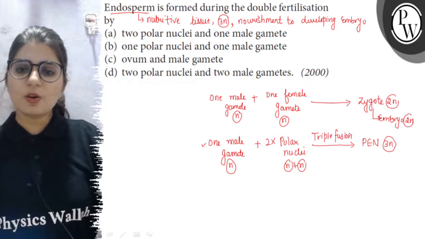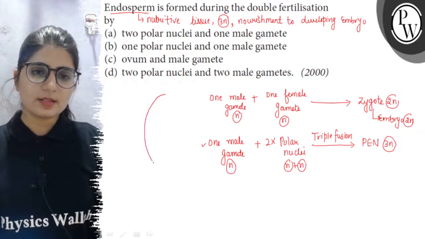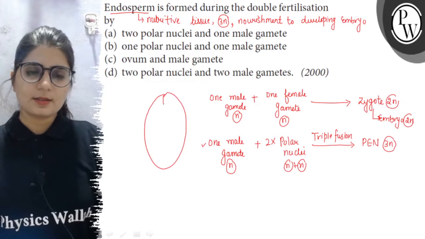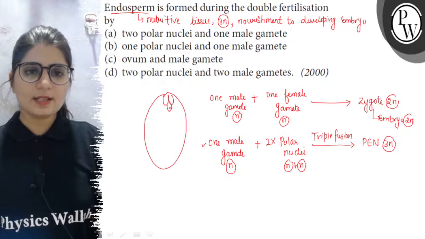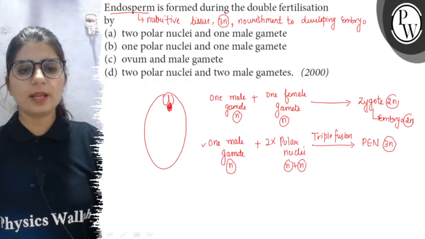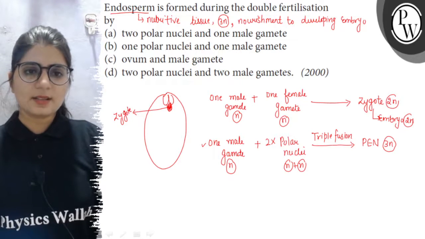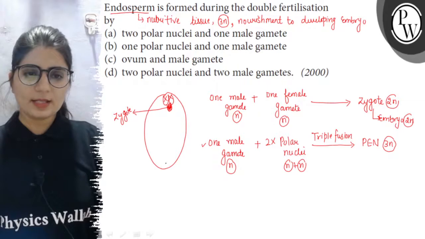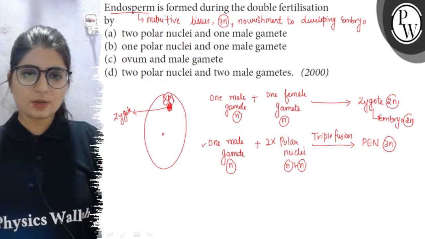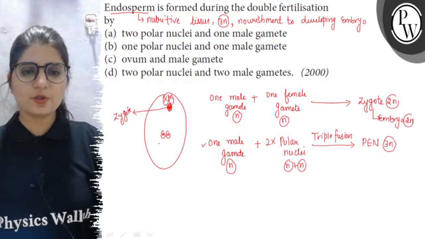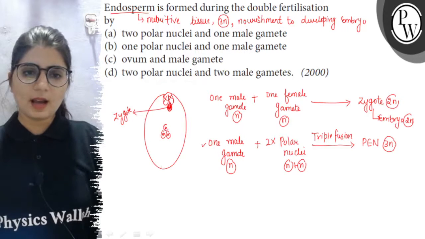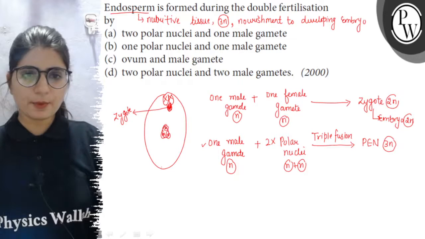The central cell of embryo sac, this is an embryo sac, synergids, egg cell. So, egg cell after fusion with the male gamete forms the zygote. Synergids, they degenerate. Antipodal cells degenerate. Now, this central cell, which was earlier having two polar nuclei, they have fused with the male nucleus to form a triploid structure.